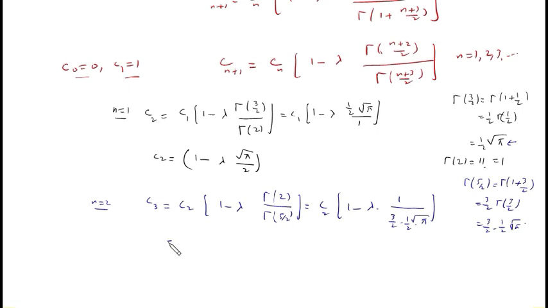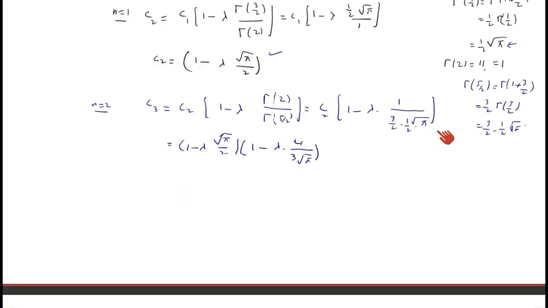C_2 had this value, we have already found it, so plugging in the value of C_2, (1 minus lambda) square root of pi over 2 into (1 minus lambda), and in the denominator we have 4, which can be written in the numerator as 4 over 3 times square root of pi.